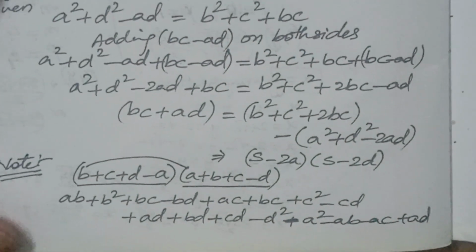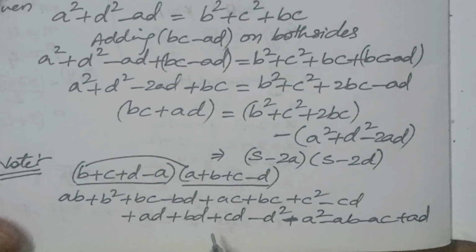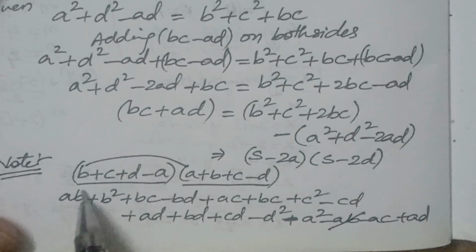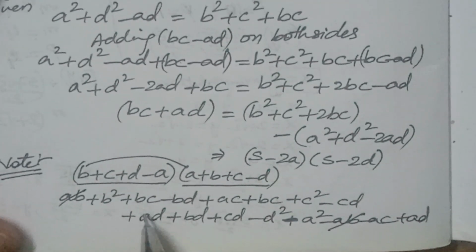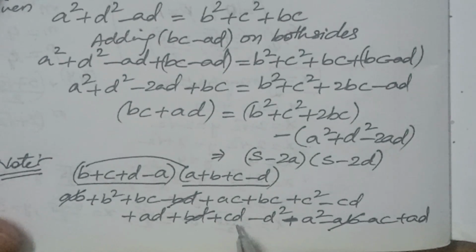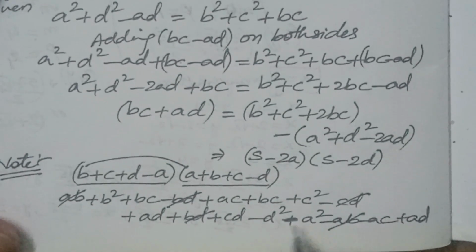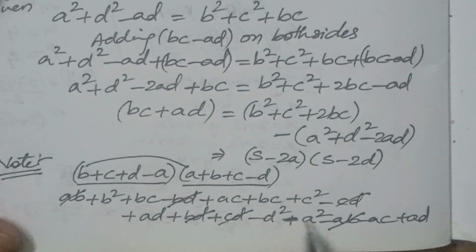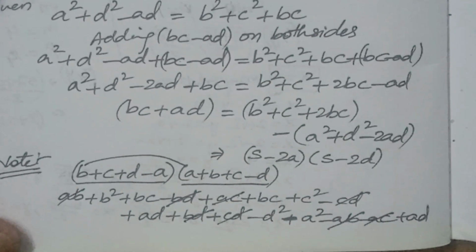You will see here, first AB minus AB gets cancelled. BC won't cancel. BD minus BD cancels, plus CD minus CD gets cancelled, plus AC minus AC gets cancelled. Now what is left?